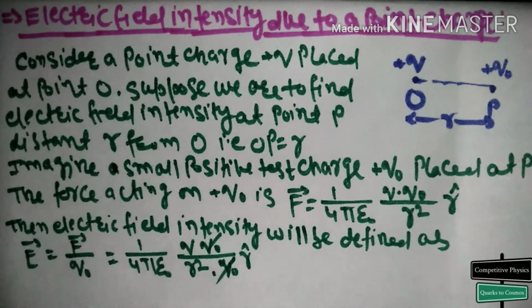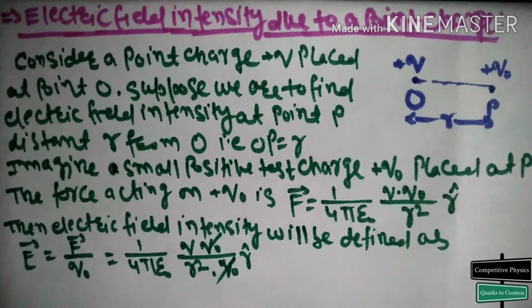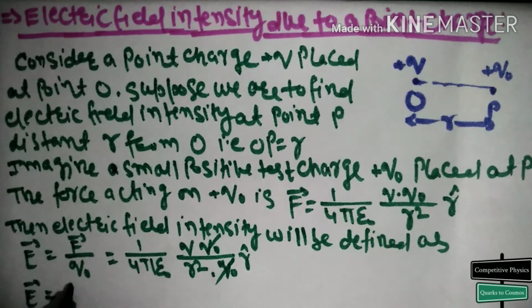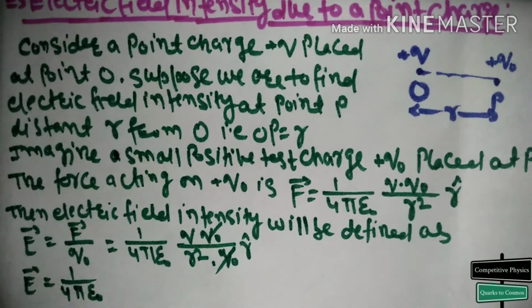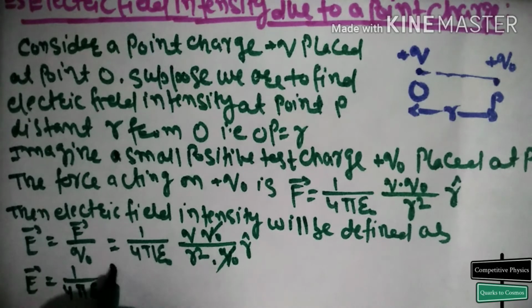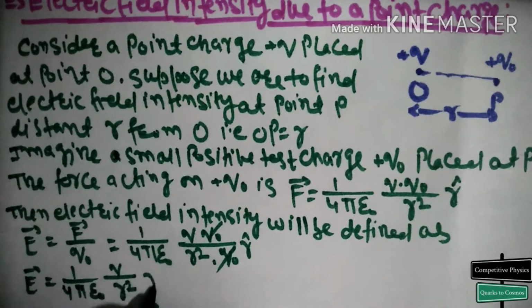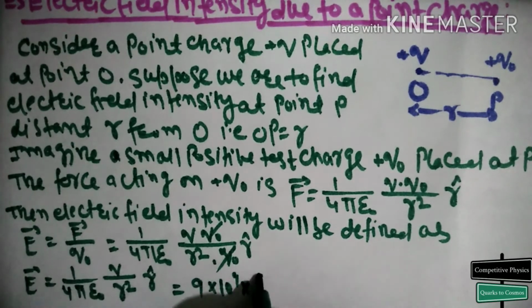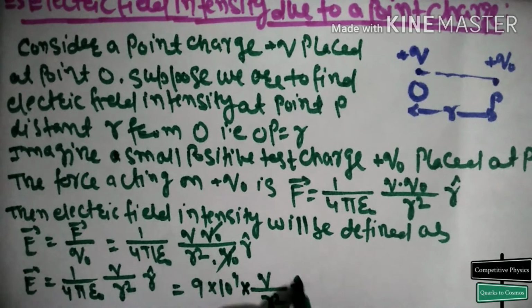So this q naught and this q naught will cancel out. What you are left with is E equals 1 upon 4 pi epsilon naught, Q upon r square, r cap. On simplifying, you know that 1 upon 4 pi epsilon naught is 9 into 10 to the power 9, so this becomes 9 into 10 to the power 9 into Q upon r square r cap.